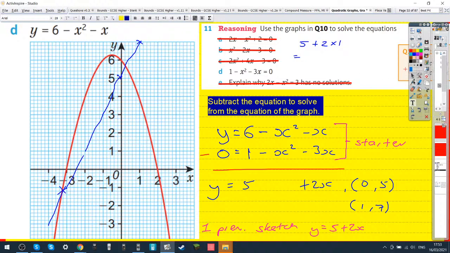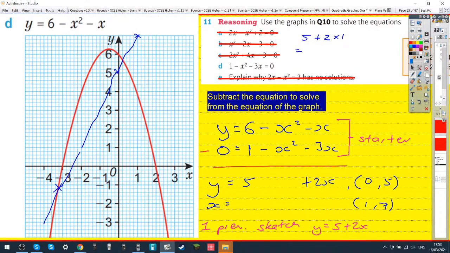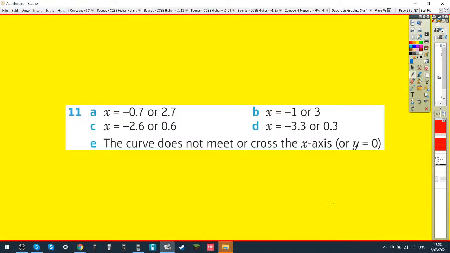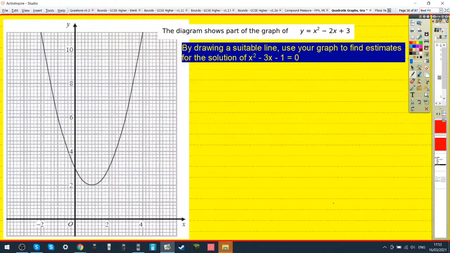Okay, x equals minus 3.1. Or x equals 0.1. Okay, so that was the line, and it was 0.3 and minus 3.3. Not bad, not bad.